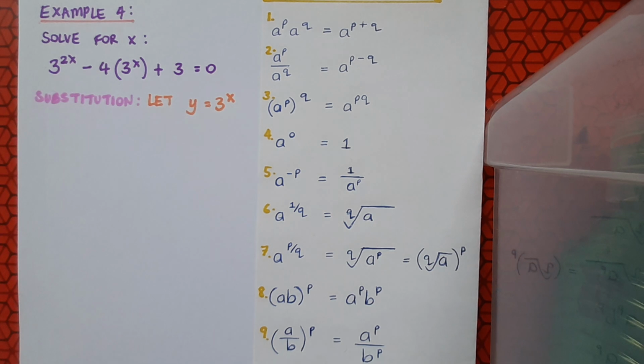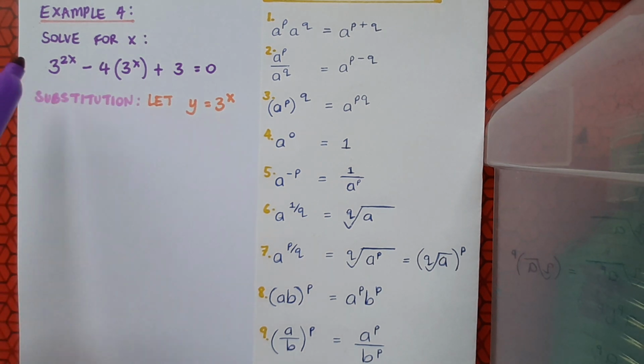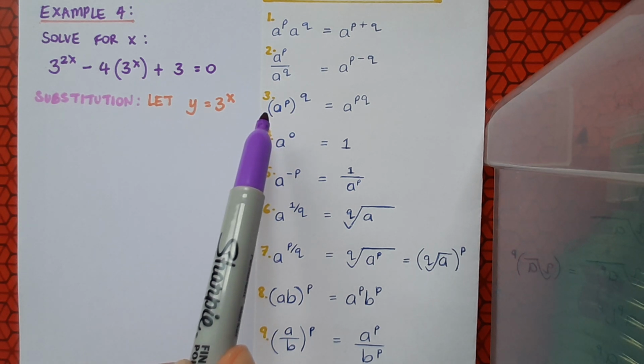But what will happen with this first term here? Notice that this first term is 3 to the power of 2x. But I've only got something to substitute in for 3 to the power of x. So I have to try and take this term first of all and isolate the 3 to the power of x part of it. So to do that, I'm going to go to my log tables again, and I'm actually going to have a look at rule 3 once more.